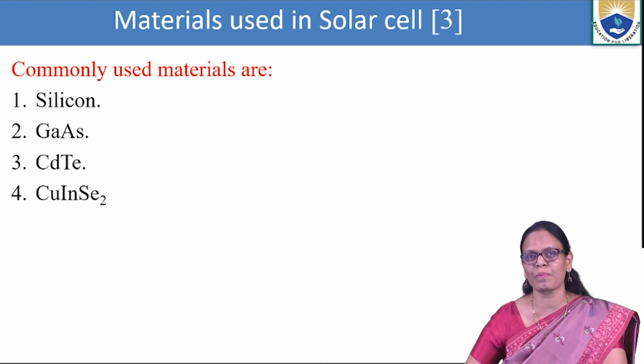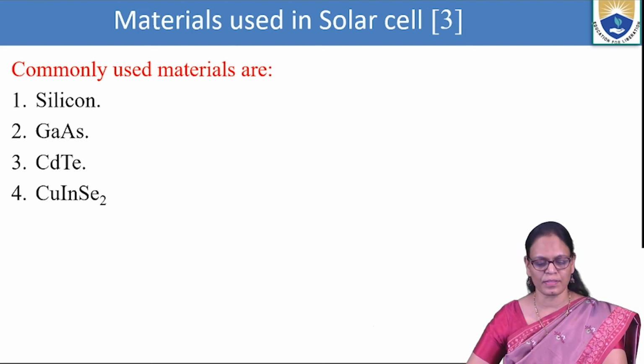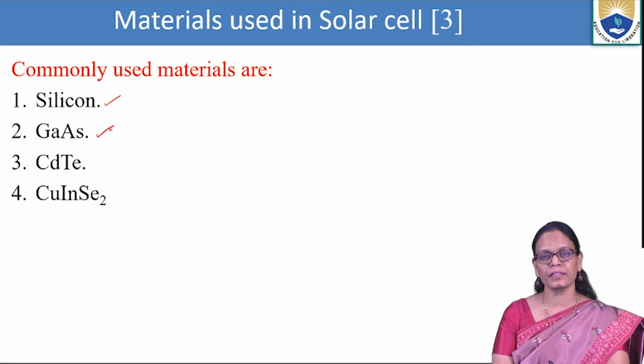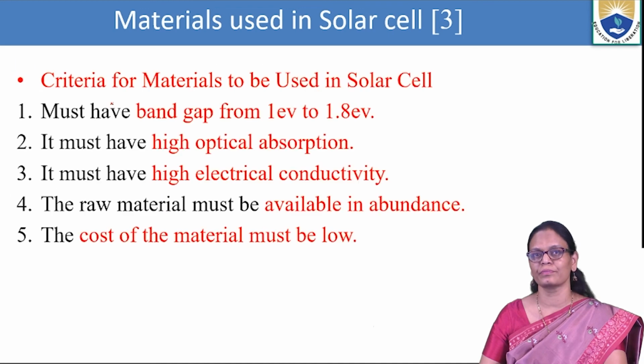Also for domestic purposes, we use solar cells. The common materials that we are using are silicon, gallium arsenide, cadmium telluride, and copper indium selenide. These are compounds of the materials we are using, and this is pure silicon.